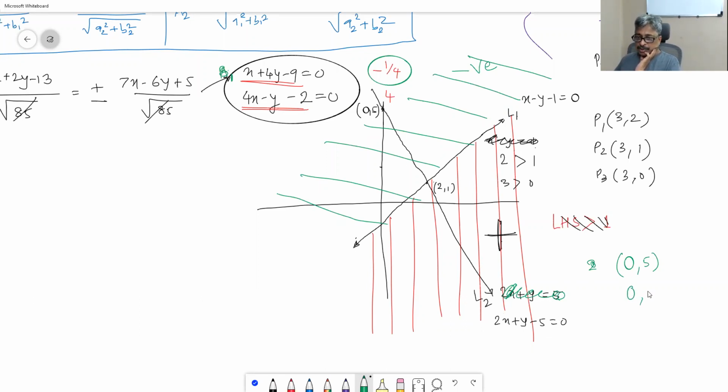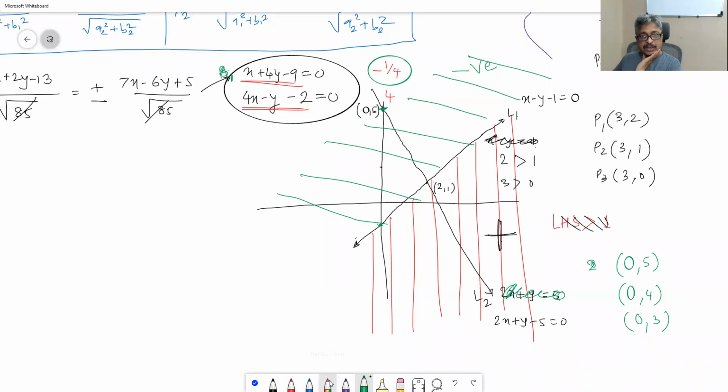Yes. 0, 4, it is less than inequality. 0, 3, less than inequality. So 0, 5. Sorry. 0, 5. This point is on the line, and all the points below that.